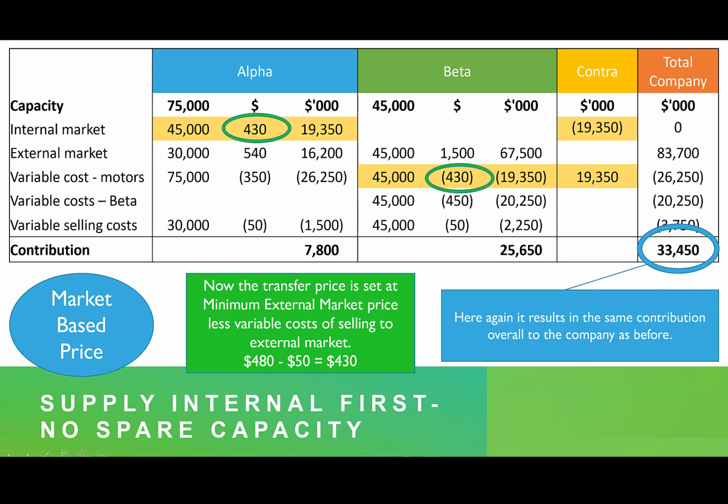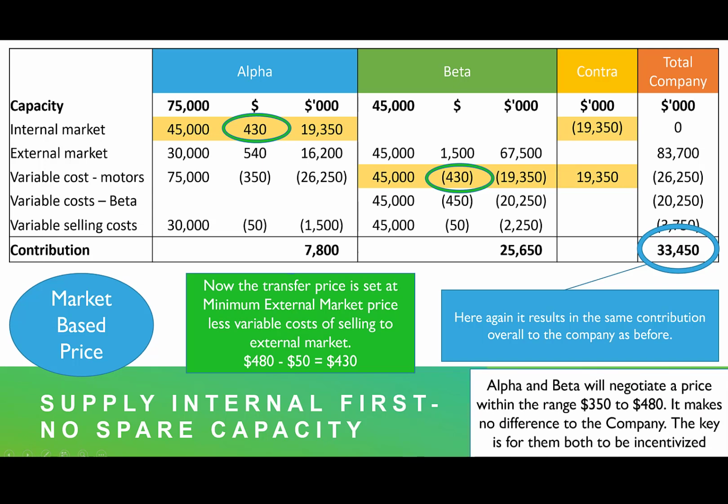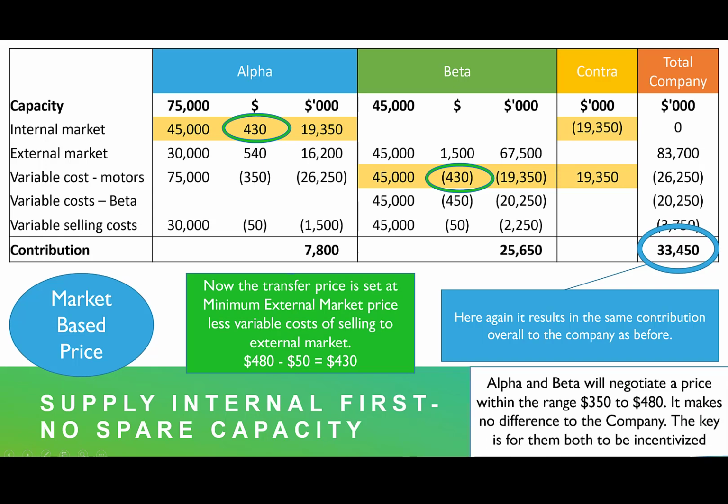Here again the result is the same contribution overall to the company as before, the 33 million. Alpha and Beta will now negotiate a price within the range 350 to 480. It makes no difference to the company. The key is for them both to be incentivised. And this is where there's no spare capacity.